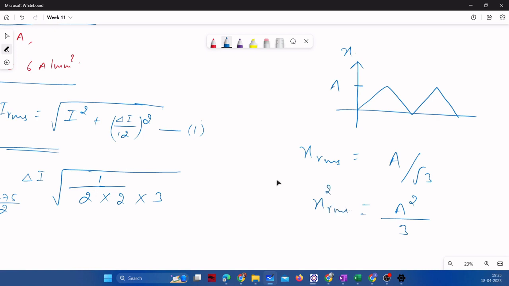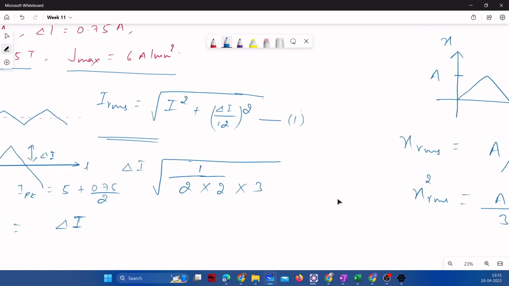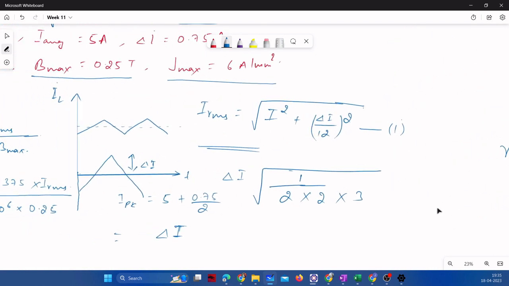Here the amplitude, if you subtract the average value, is delta I by 2.